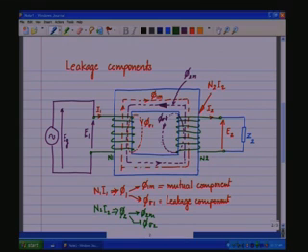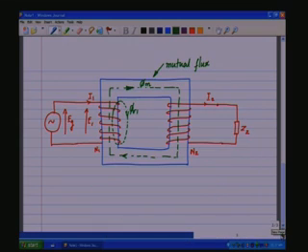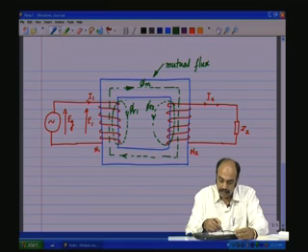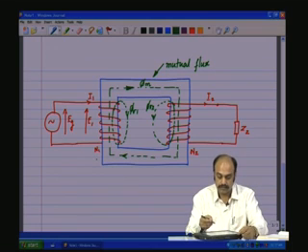So, the leakage component is not linking with the primary, and that is what we are going to show here. This is phi sigma 2. So, you have three fluxes, the primary leakage flux, the secondary leakage flux and the mutual flux which links both the coils together.